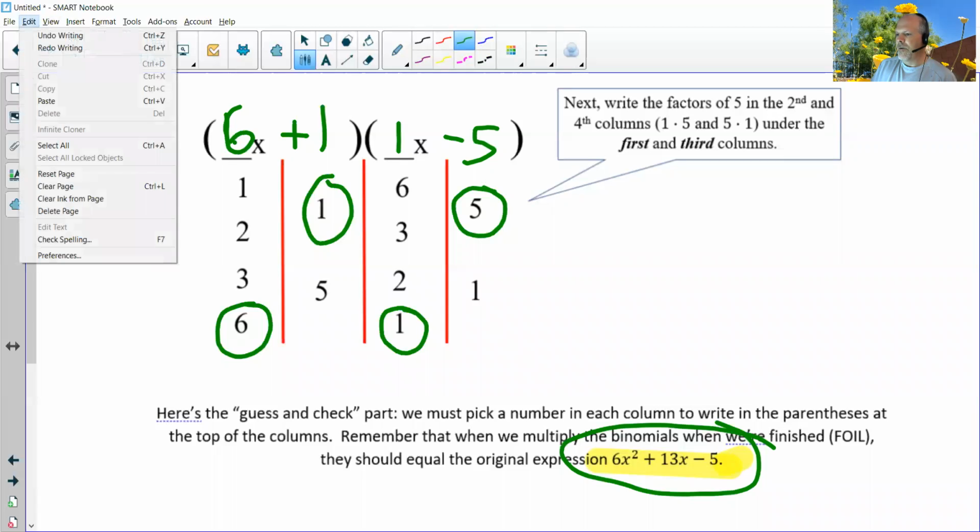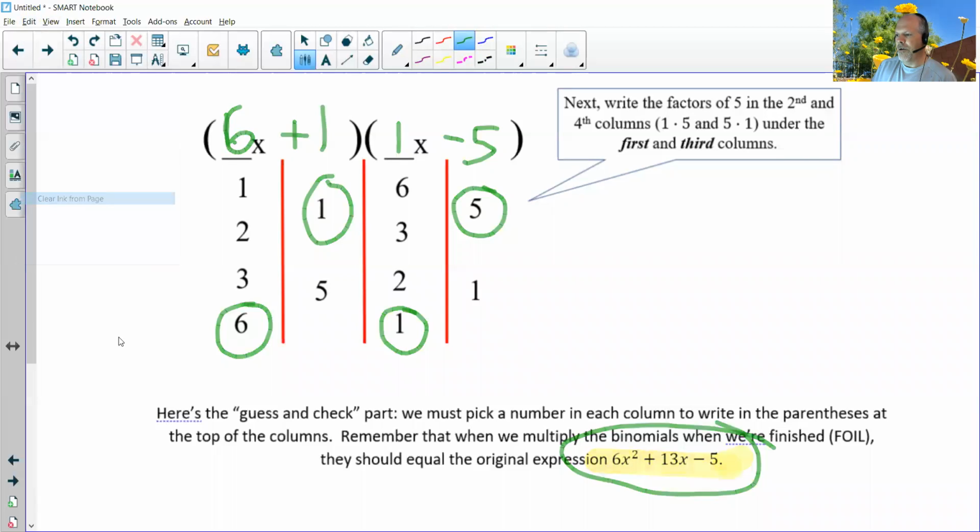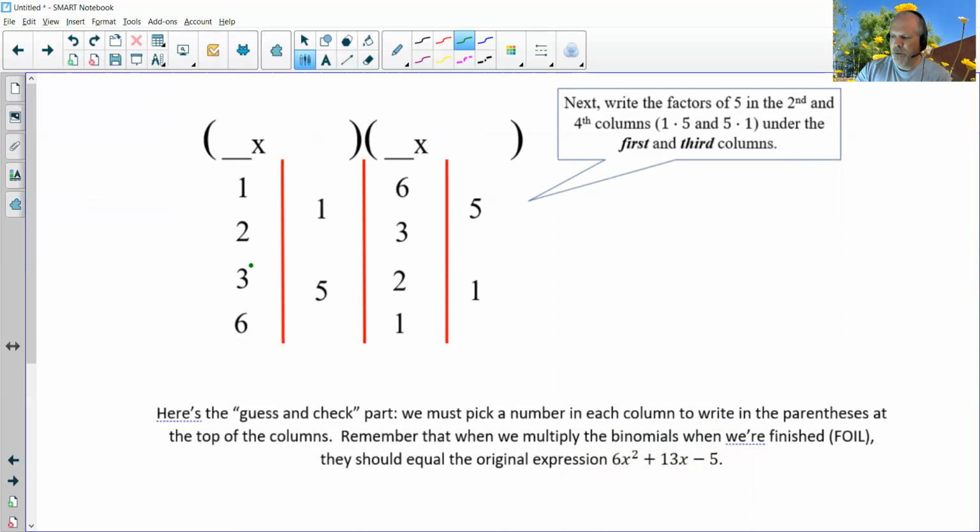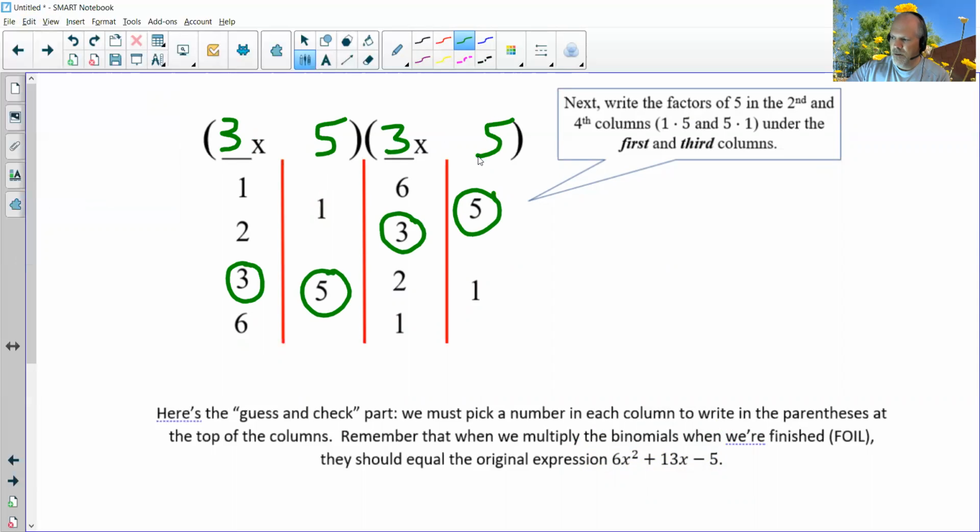What we can't do, let me show you a big no-no on this. Let's say you pick this number, 3, and then you pick this number, this number, and this number. I cannot do this because if I write these numbers in the polynomial, I get this, but now suddenly I have a first times first which no longer equals 6.